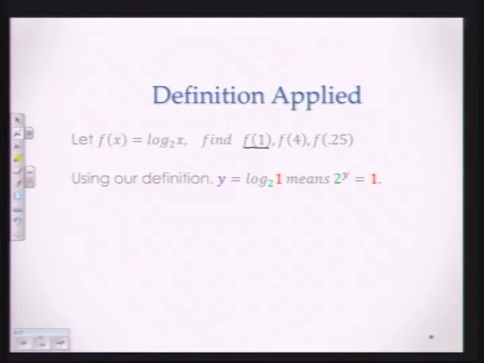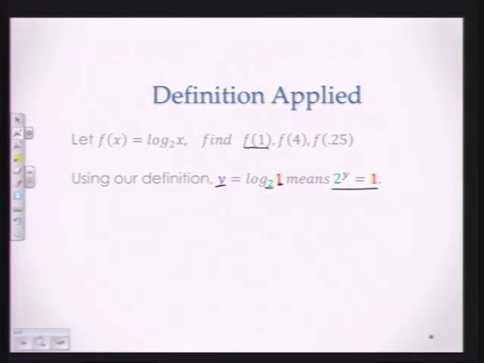Using our definition, remember that y equals log base 2 of 1, where x is 1, means that 2 to the y power equals 1.